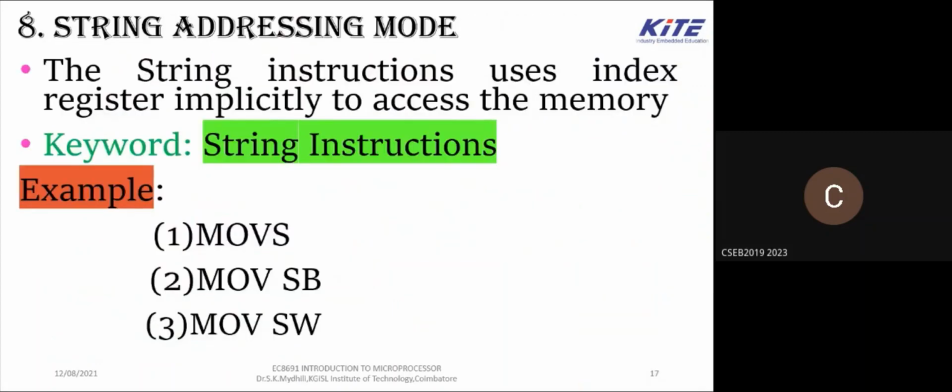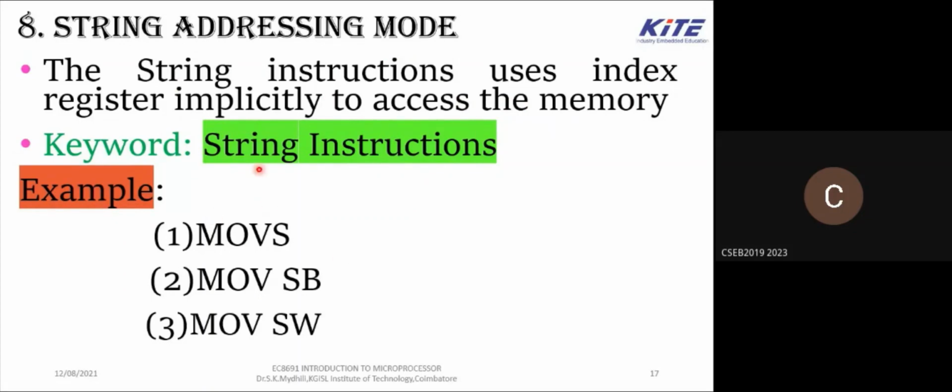Now moving on to the next. This is very easy. String addressing, from the name itself. The next addressing mode will be the string addressing mode. From the name itself, it gives the meaning. The string instruction uses the index register implicitly to access the memory.